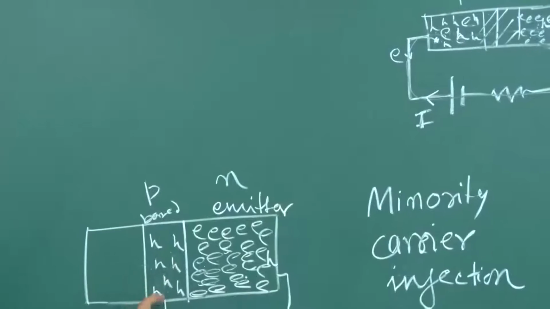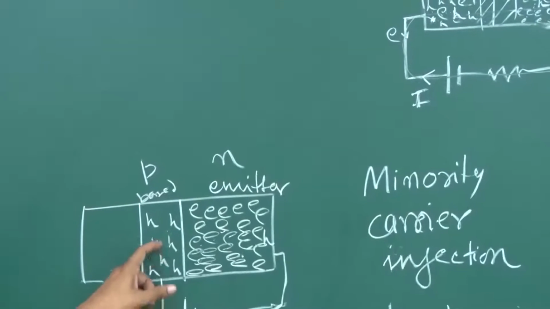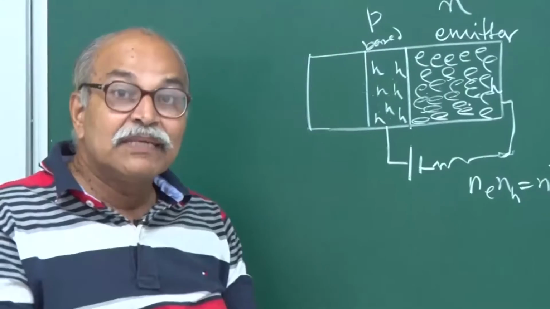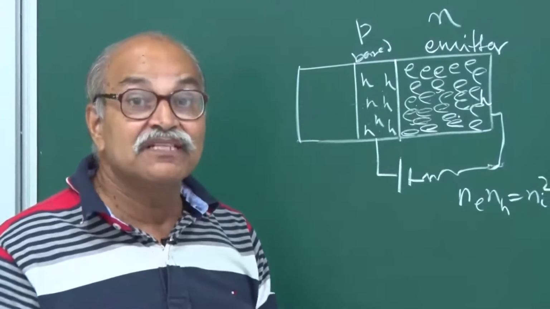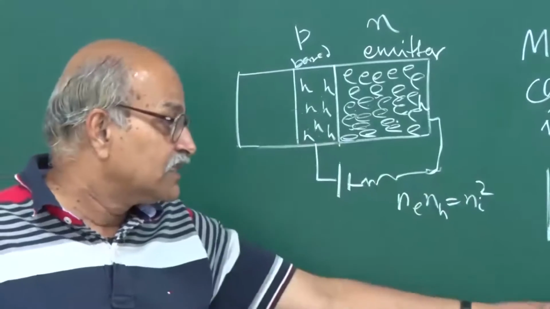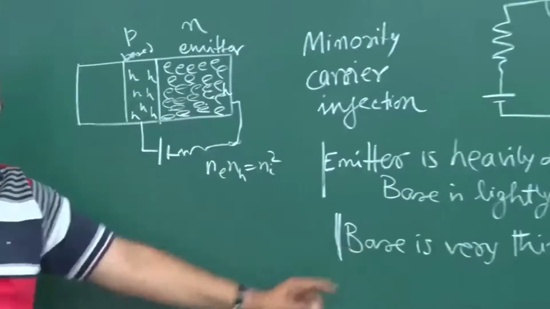So this IB, the current in the base region, is because of this recombination, but that probability of recombination is very small because of this low thickness, because the base is very thin.